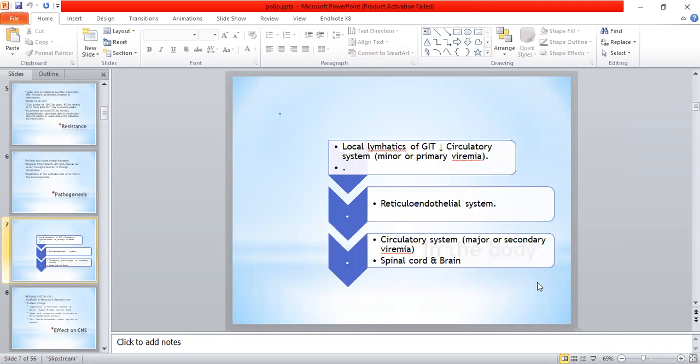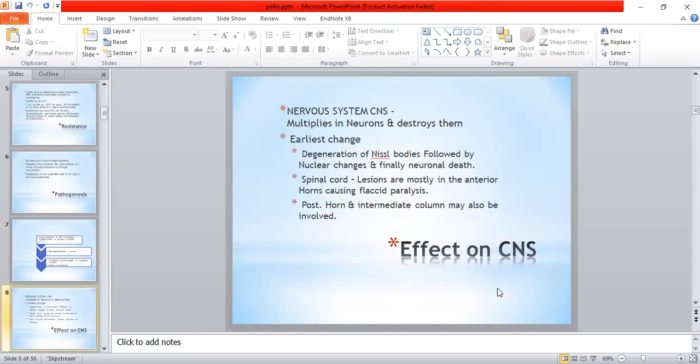In this diagram you can see the entrance of the virus and the local lymphatics of the GIT, and then it goes to the circulation and then to the reticuloendothelial system. From there it goes to the circulatory system, called major or secondary viremia, and then finally to the spinal cord or brain to cause paralysis.